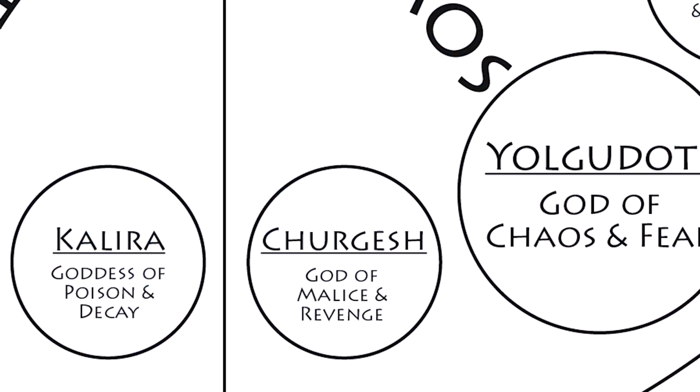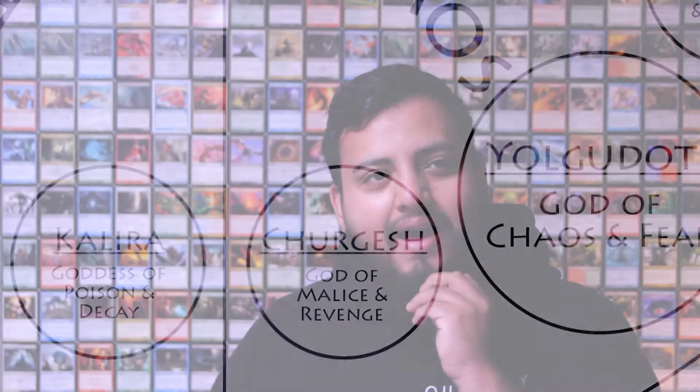But there's Yogoldoth. Churgesh. So Churgesh is the god of malice and revenge. I don't remember when I did it, but the name Churgesh, I wanted to come up with something that sounded angry.